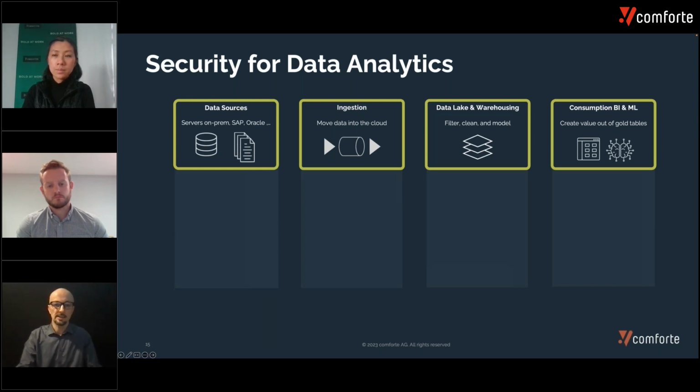Now, in all of these stages, we will probably have different components in use. We'll have some databases, ETL tools, BI tools, and so on and so forth. Some of them will be on-premises, some in the cloud, maybe also in multiple clouds. The bigger the organization, the more complex it usually gets.